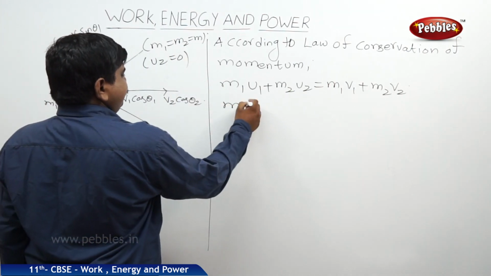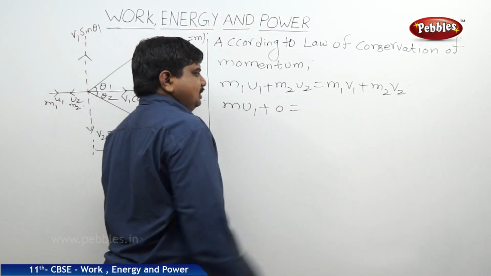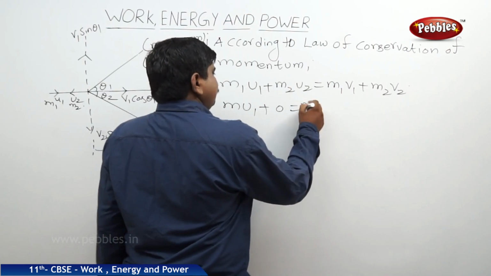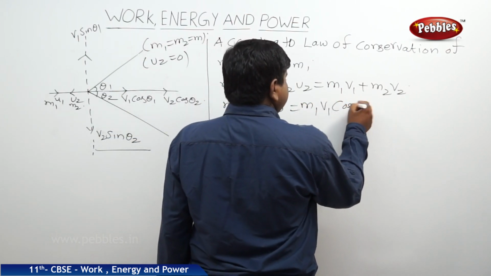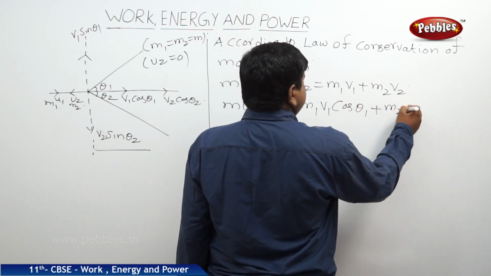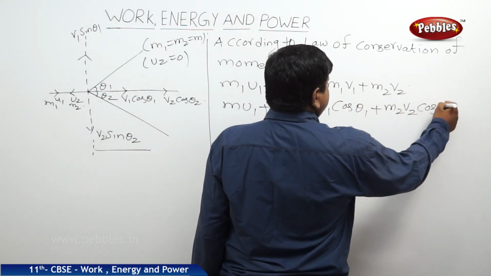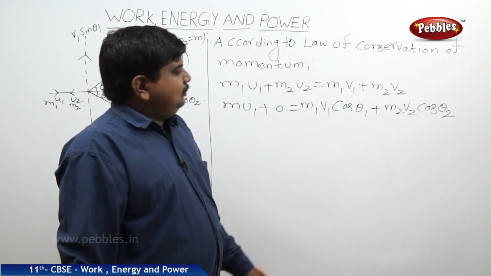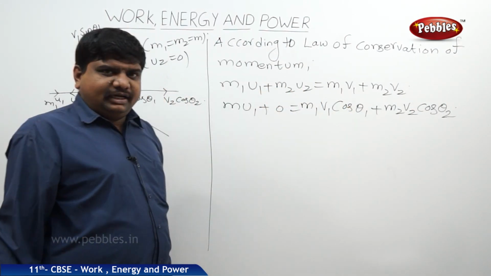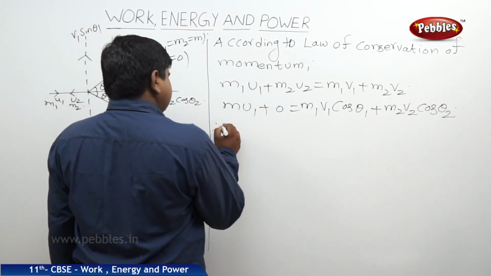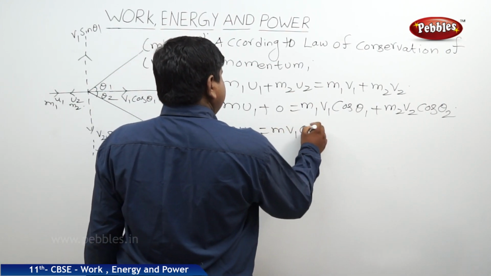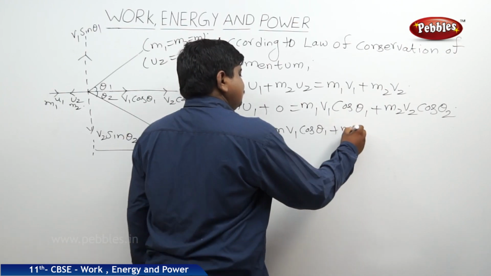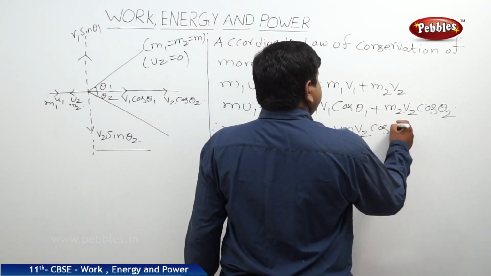So this will be m u1 plus 0 is equal to m1 v1 cos theta 1 plus m2 v2 cos theta 2. So as we know that m1 and m2 is equal to m, therefore it is m u1 is equal to m v1 cos theta 1 plus m v2 cos theta 2.